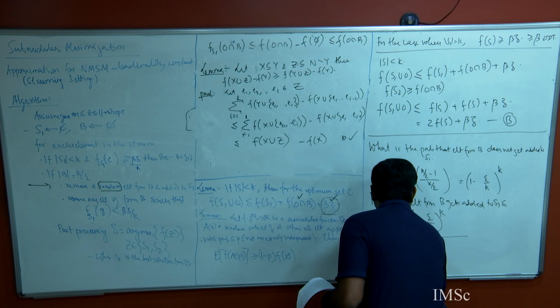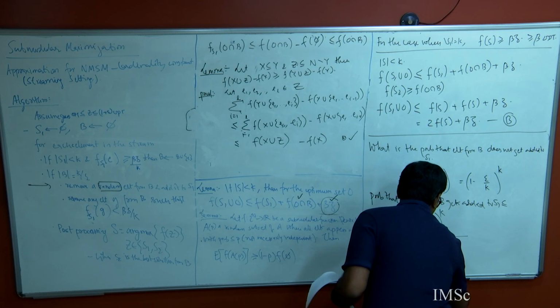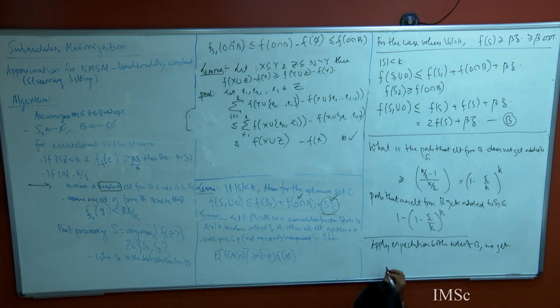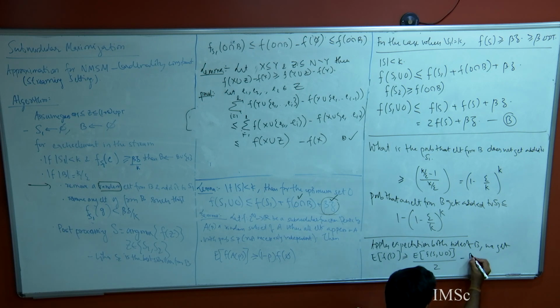Applying expectation on both sides of B, we get the expected value of f of s is at least the expected value of f of the union with O, divided by 2, and this is a fixed quantity, minus beta by 2 z.